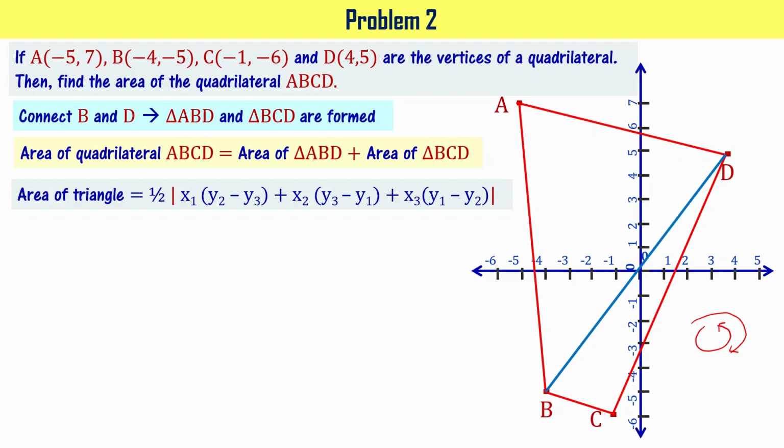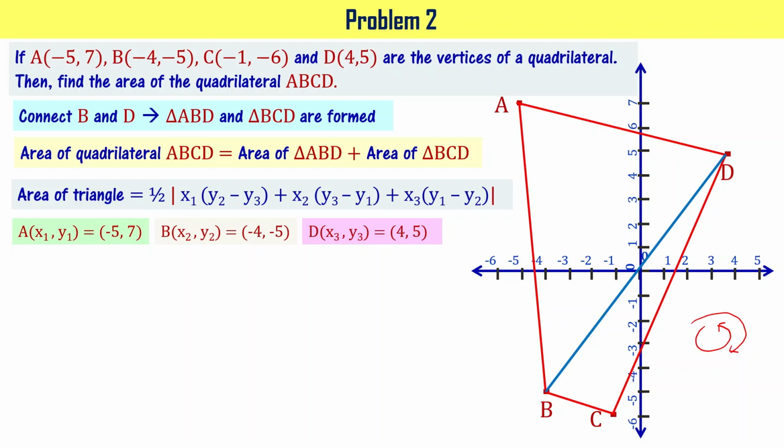So what I have to now say is, what is A? I'm saying A equal to x1 comma y1, that is minus 5 comma 7. B is minus 4 comma minus 5, and D is 4 comma 5, right?